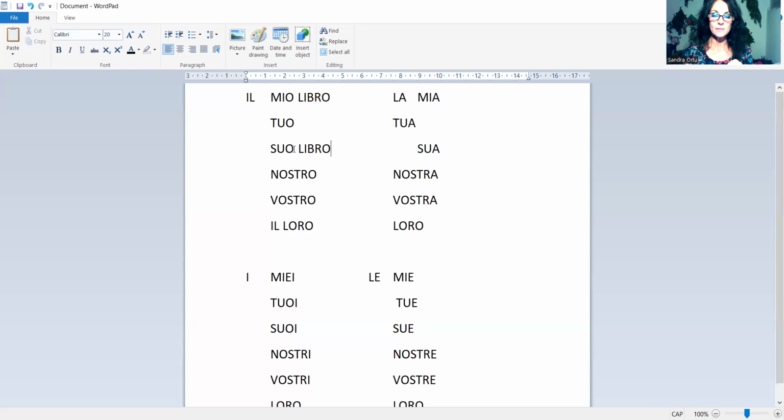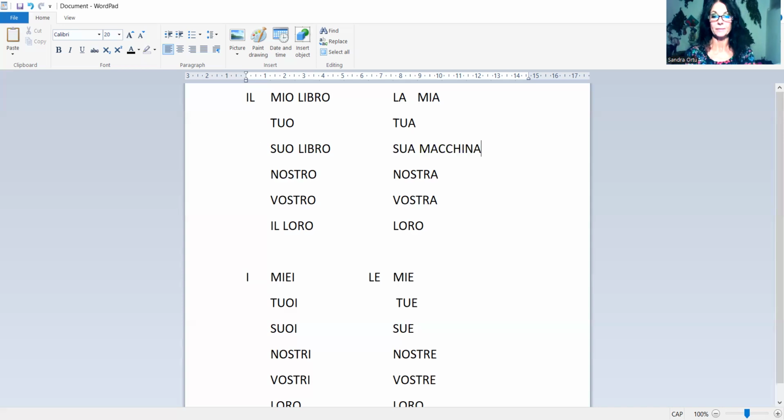So we have il suo libro. Suo is masculine because libro is masculine, singular because libro is singular. So this one, out of context, means his book, or can also mean her book. When this is in a context, then you know who you're talking about. The same thing with all of them. Here we can choose the word macchina.